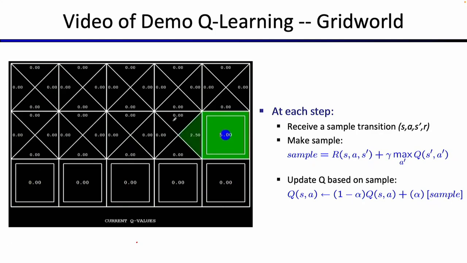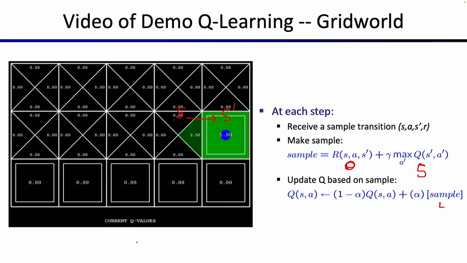And if we think of this state as S and this next state as S prime, what happened here is, if we calculate the sample, well, we didn't get any reward for making this transition. The reward was 0. But then if we look at the Q values for the successor state, S prime, there's really only one action, so only one Q value, which is 5.